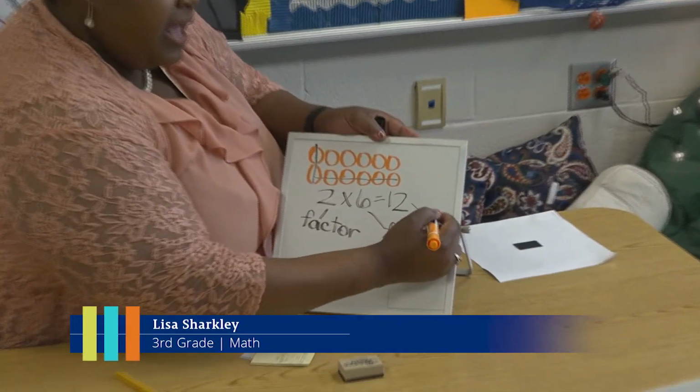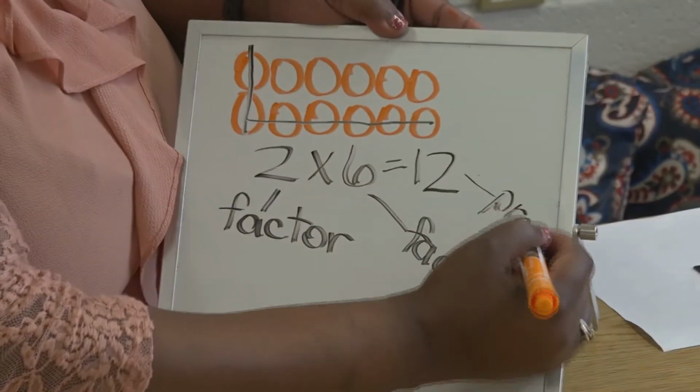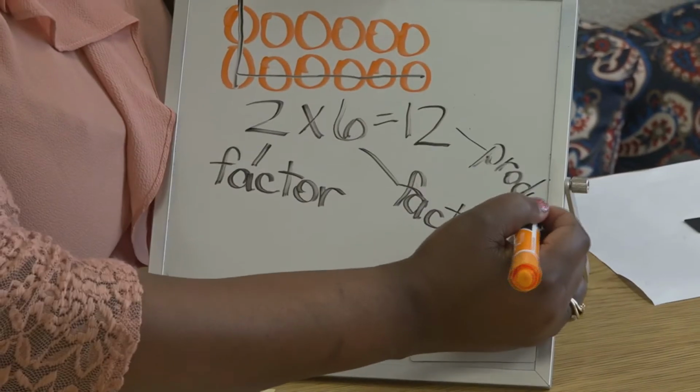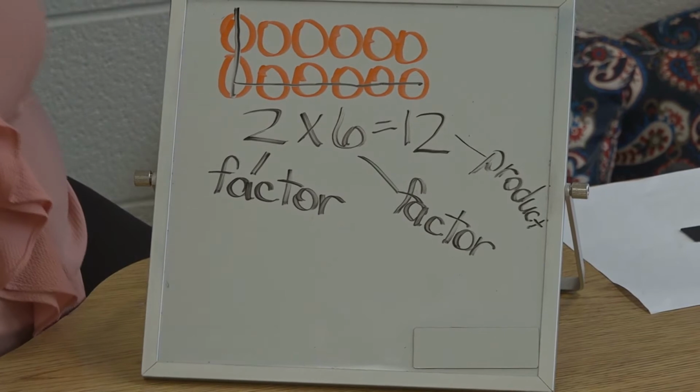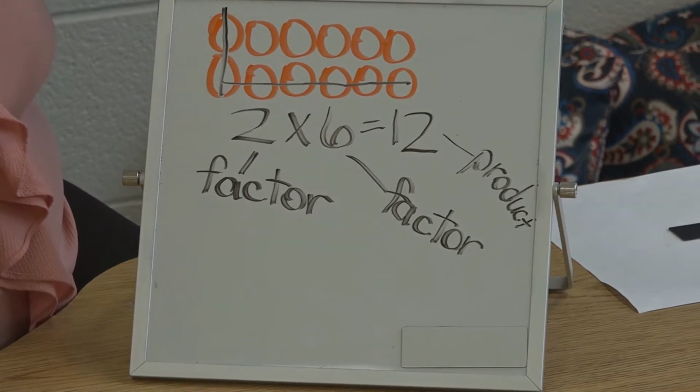A factor is the numbers in a multiplication problem you're multiplying. And then I have that number 12, which is the answer to a multiplication problem. It's called a product. I'm going to write it small. I had to squeeze that one in there. A product, and it's your answer to it.